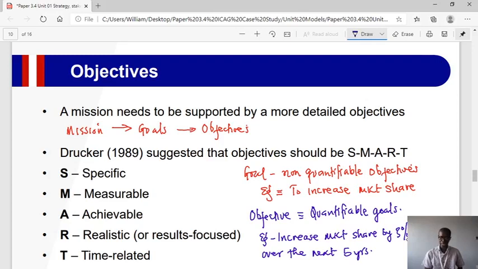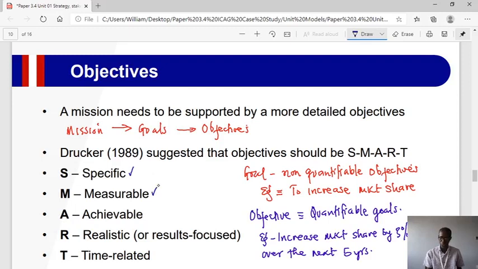Now, Drucker 1989 suggested that objectives should be SMART. So the objective should be specific, and I think this meets all the criteria. It's specific, it's 3% per annum, it is for the next 5 years, and it should be measurable.